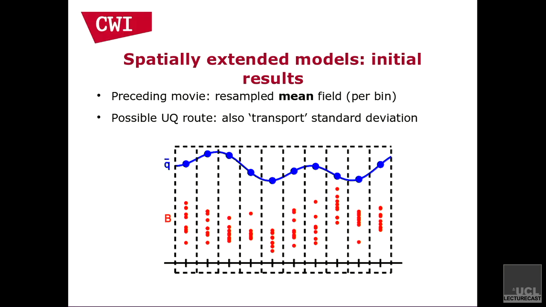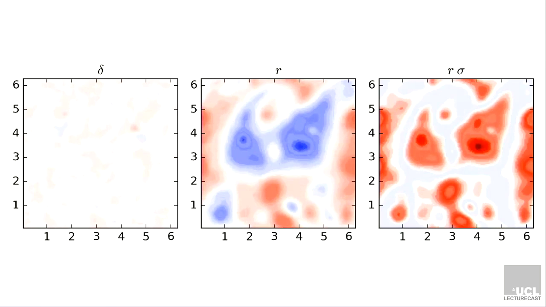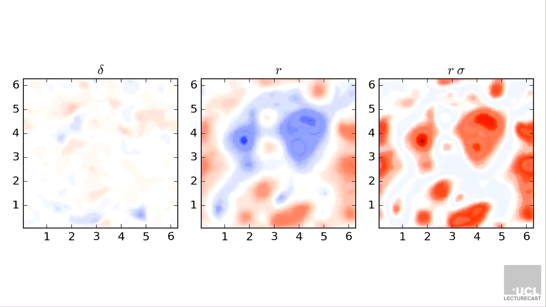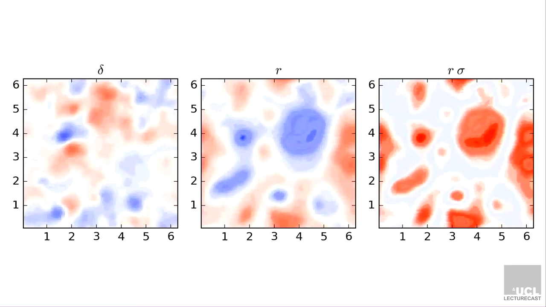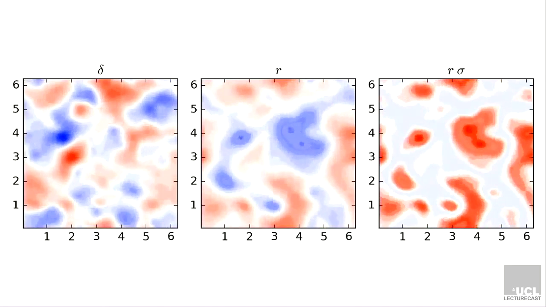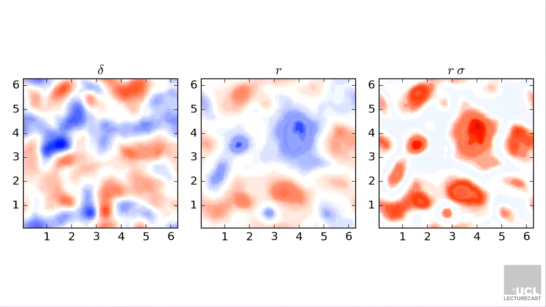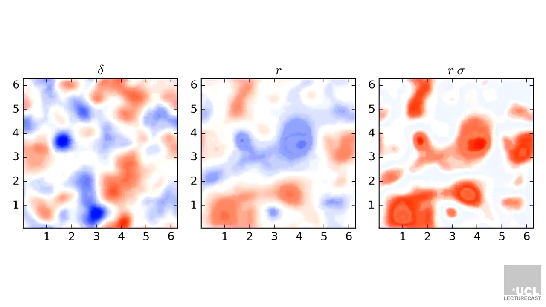But I could do the same thing for the standard deviation. I have a bunch of samples for each bin. I could also use this to transport a standard deviation. And that's what I do here. So this is a similar type of delta term, but this is a difference between the stream function. This is the data-driven estimate.